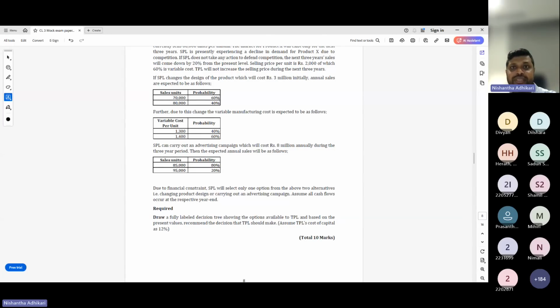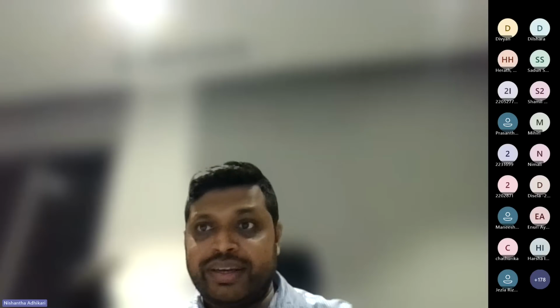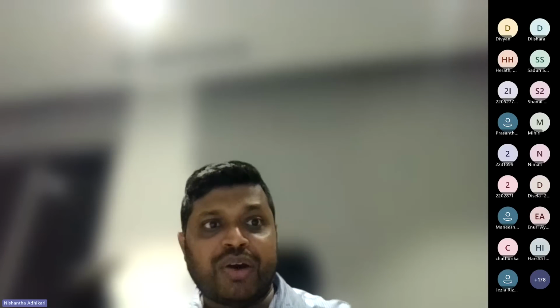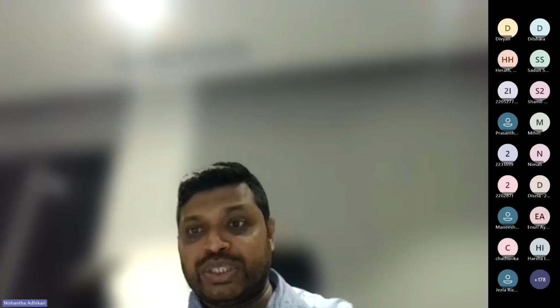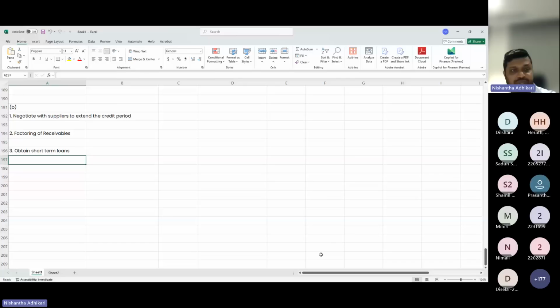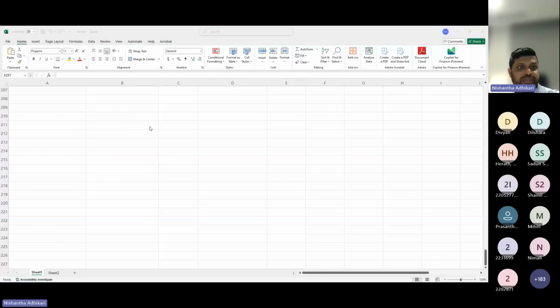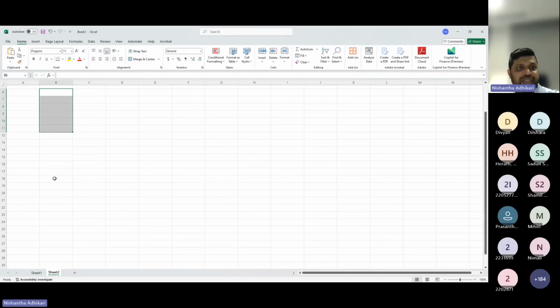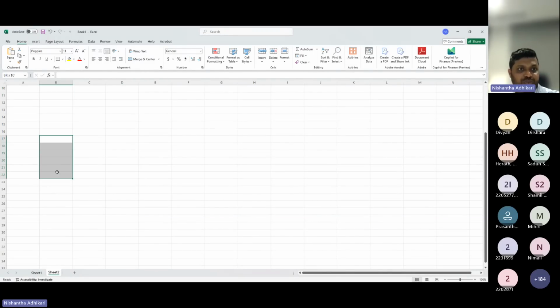Now you have to remember the things you have learned in decision theory. In decision theory, we have learned how to work out a decision tree. Now, when we work out a decision tree, it always starts with a square.